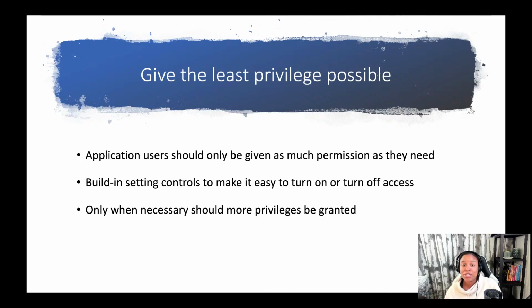Typically as little as possible is what you want to go with, because you can build in setting controls to make it easy to turn off internal access, or have official ways for people to grant access for specific actions. And that might even be a better way to do this. So if someone grants access, then you probably have logs and records of them granting access, for example.